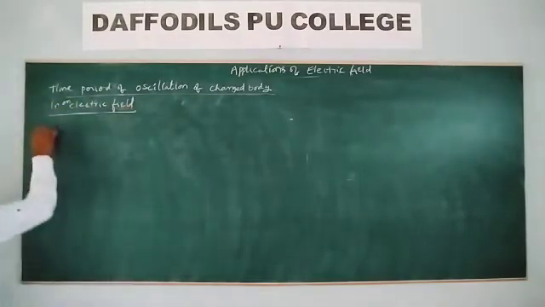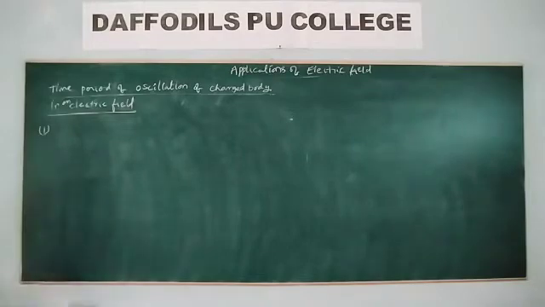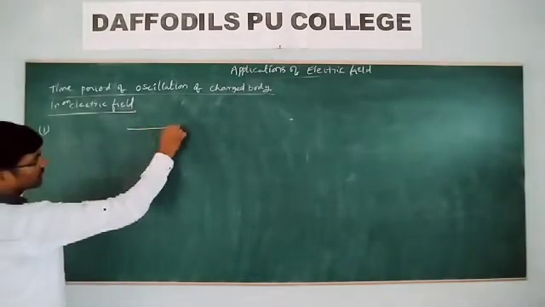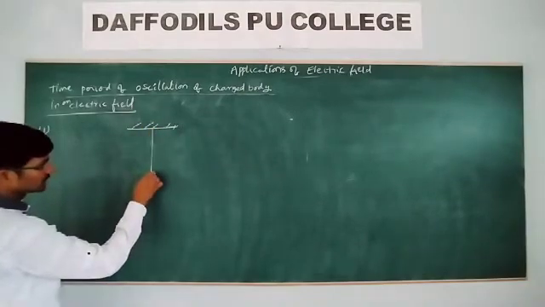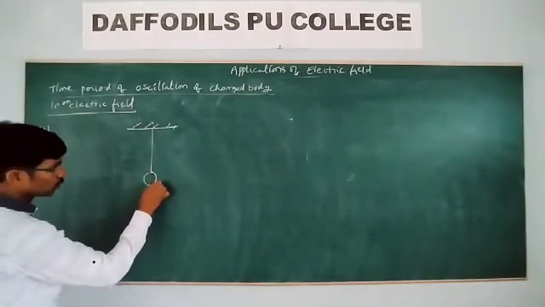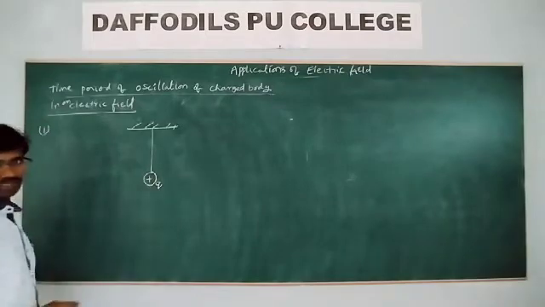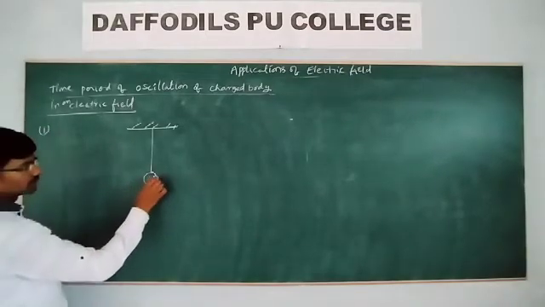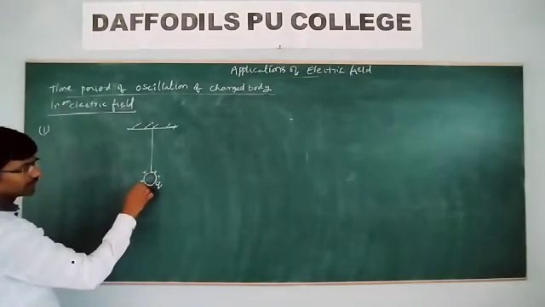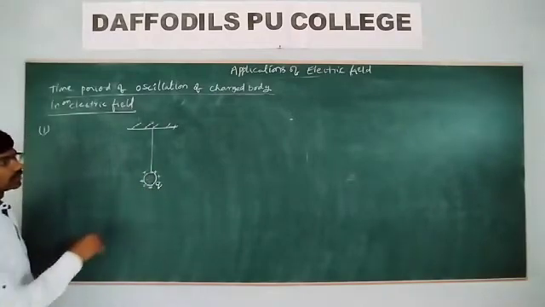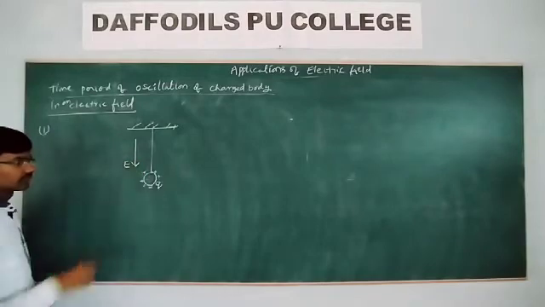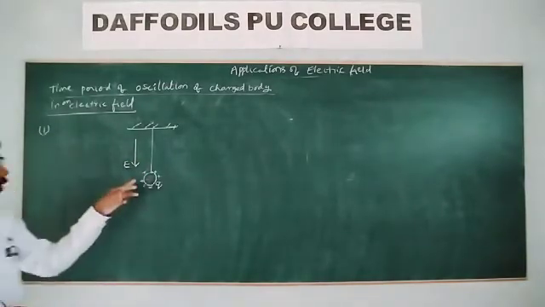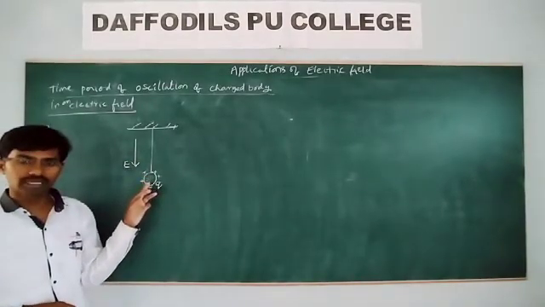So let me take a simple pendulum which is suspended with a positively charged body Q, and this charged body is placed in an electric field of direction E. Tell me how many forces are acting on this charged body?